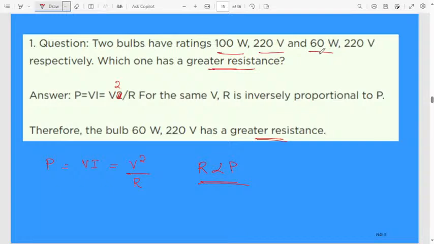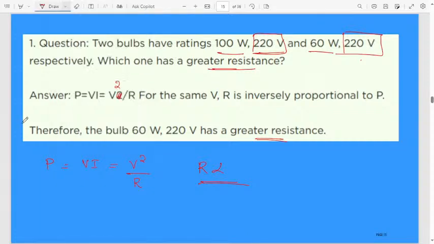Two bulbs having ratings 100 watt and 60 watt. The voltage is the same, voltage will be constant. Then resistance is inversely proportional to P. Sorry, I wrote directly proportional.